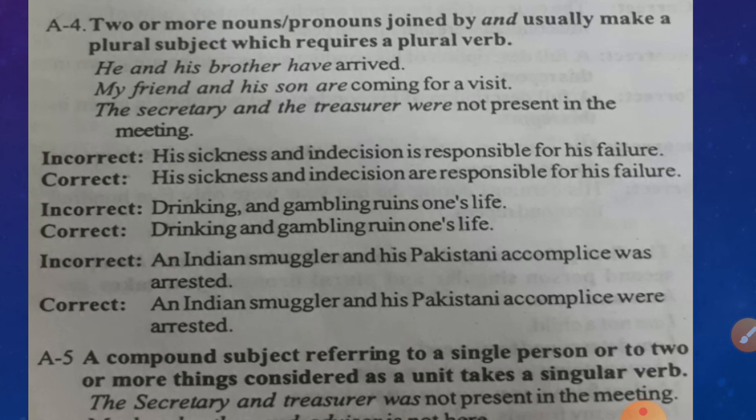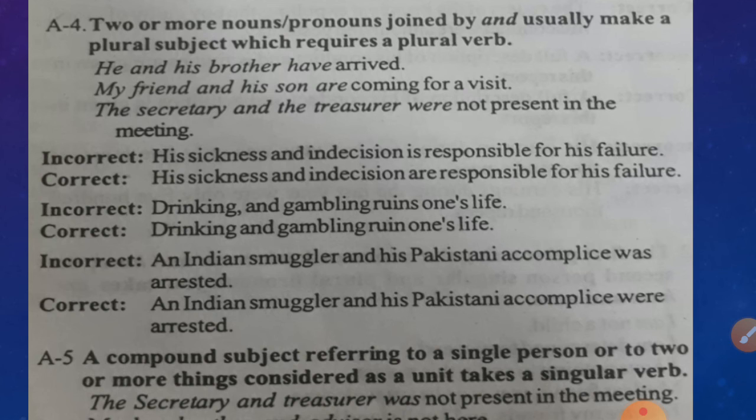My friend and his son. Here we mean that two persons are coming. On the one hand, my friend, and the other one is his son, who are coming, and they have been joined together again by and, so definitely as the rules stand, we have to put are.